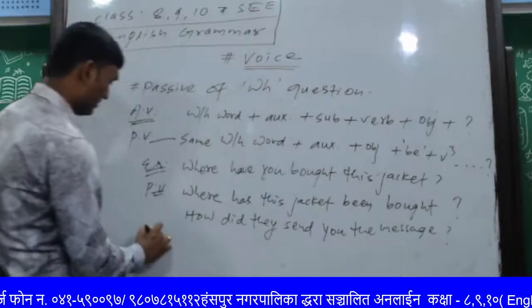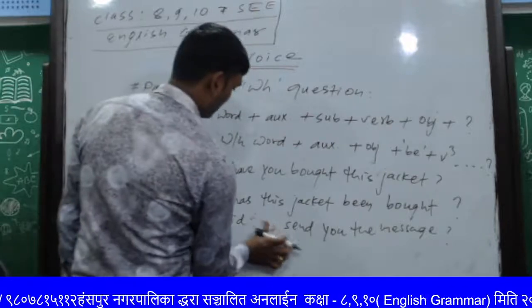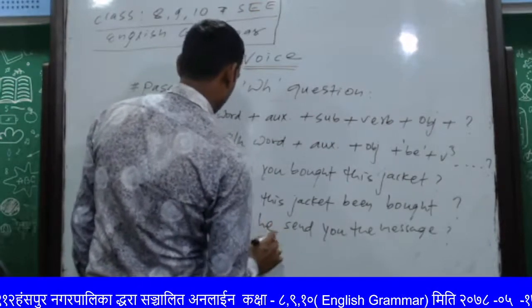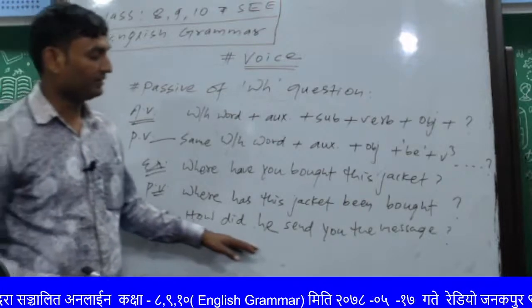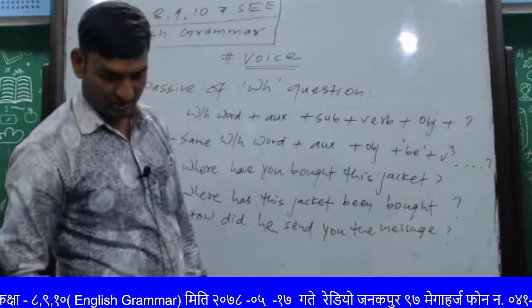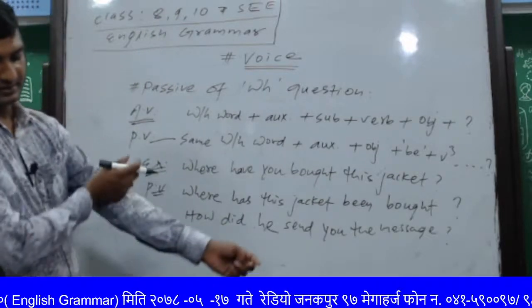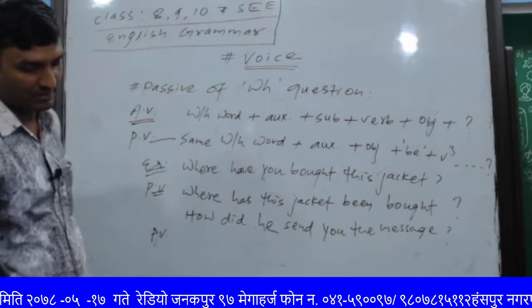Or how did he send you the message? The PV means passive voice of this sentence. Send you the message, and there are two objects: you also, the message also.